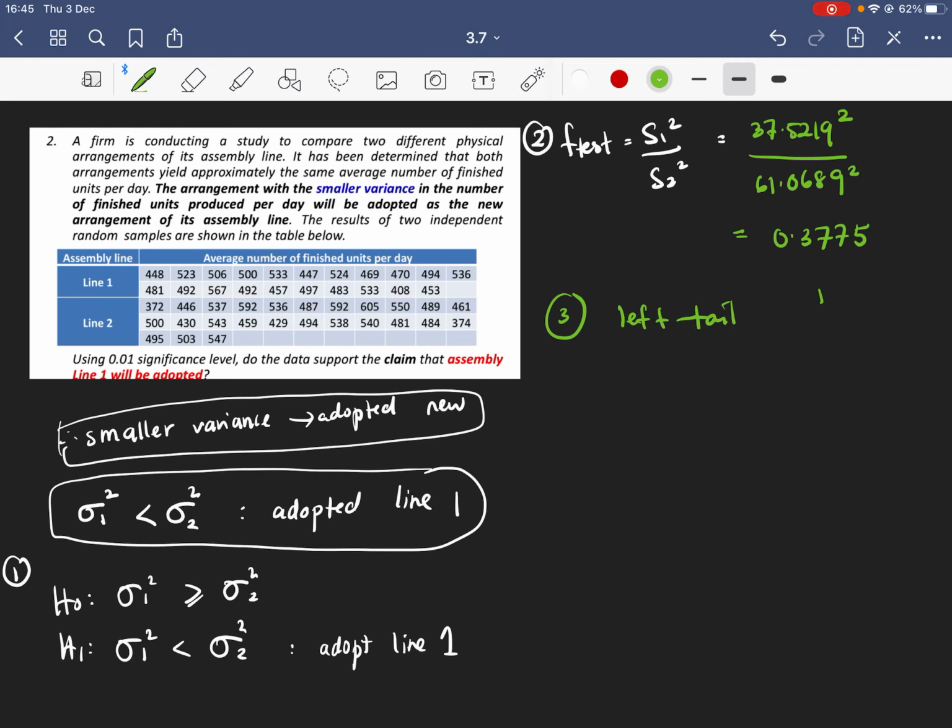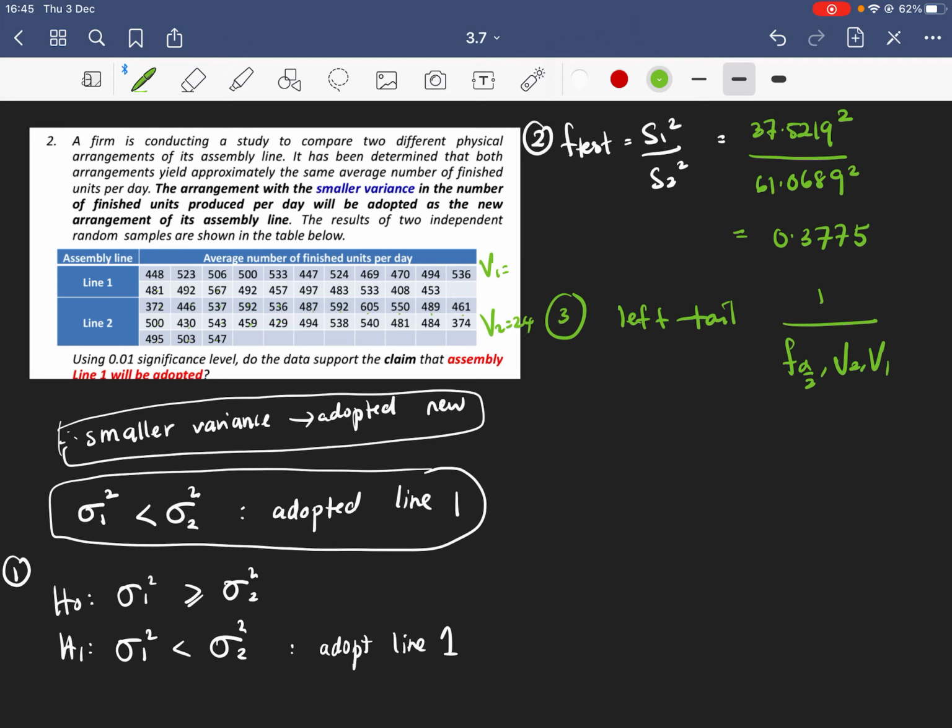So here I get this one is left tail. So because of the left tail, it is 1 over F alpha over 2 nu 2 nu 1. This one is nu 1, this one is nu 2. Nu 2 is equal to what? Nu 1 is equal to what? Okay, nu 2: 1, 2, 3, 4, 5, 6, 7, 8, 9, 10, 12, 14, 16, 18, 20, 22, 23, 24, 25 minus 1 is 24.